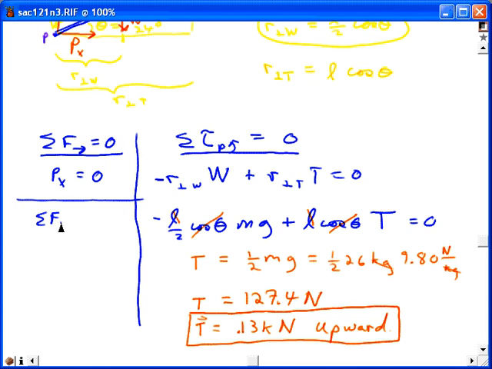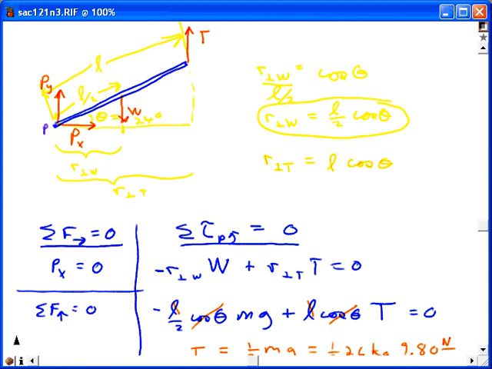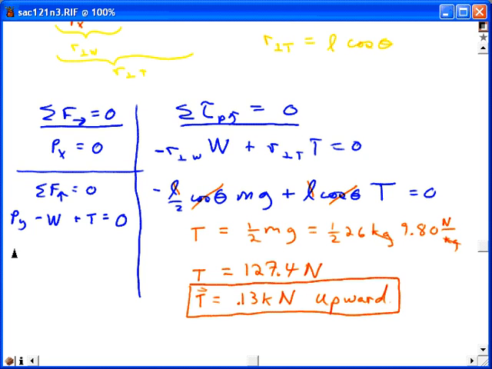Sum of the forces in the upward direction is going to be equal to 0. And working from the diagram, I've got Py upward minus W plus T equals 0. At this point, T is known, so I can just solve for Py.